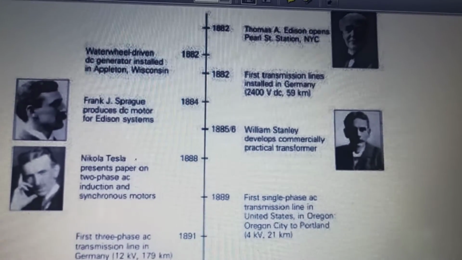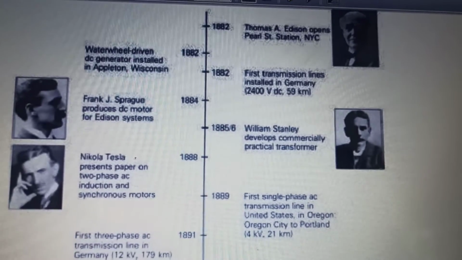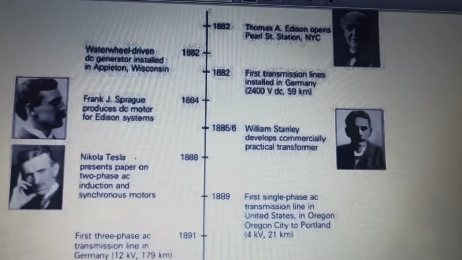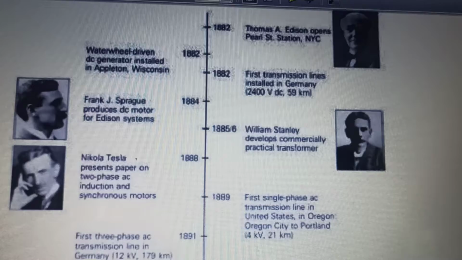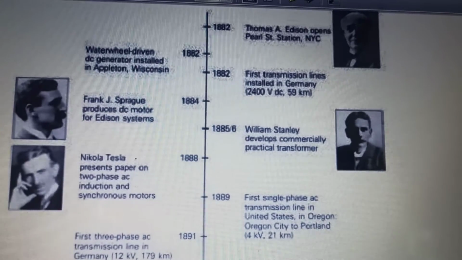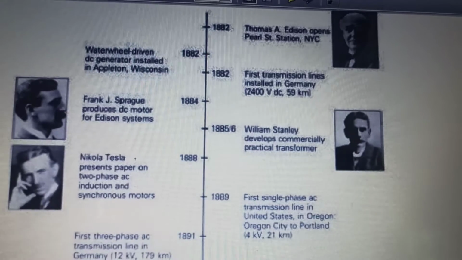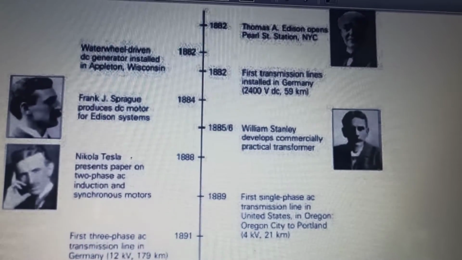And the name of the motor was Sprague motors. So basically Sprague motors were DC machines, basically a shunt machine, and it was tested by Thomas Alva Edison, okay, and it worked well.